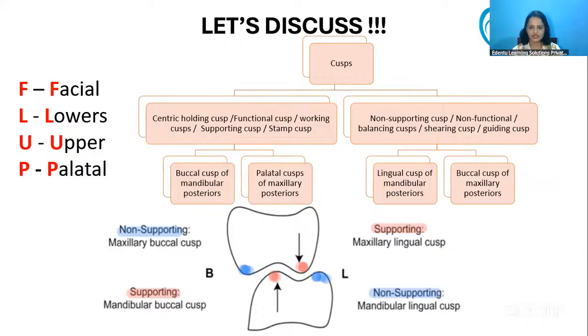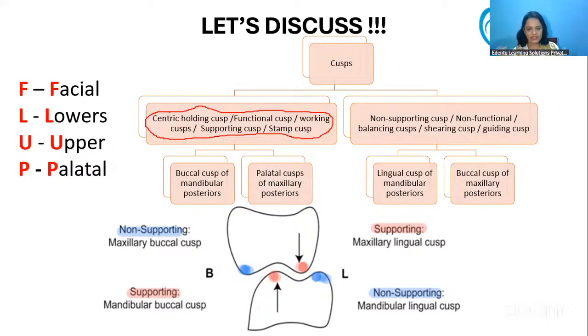In occlusion, cusps, based upon their function, can be divided into two types. We have the centric holding cusp, or the functional cusp, or the working cusp, or the supporting cusp, or the stamp cusp. These are all the same terms for the centric holding cusp.